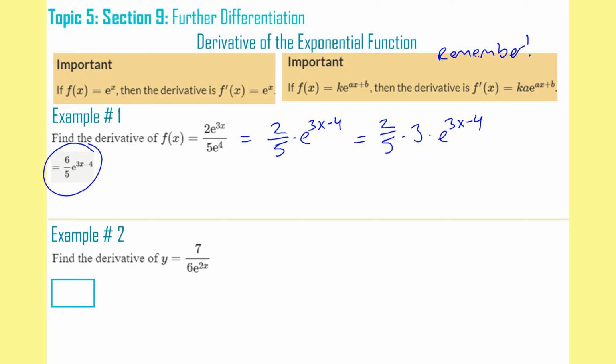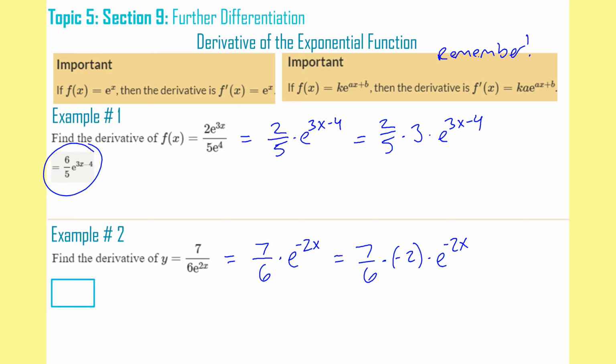Alright, next one. Do the same thing. Rewrite it: 7/6 times e to the negative 2x. All we need to do is take 7/6 times negative 2 times e to the negative 2x.